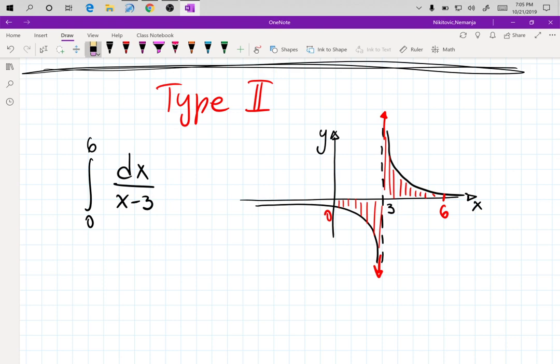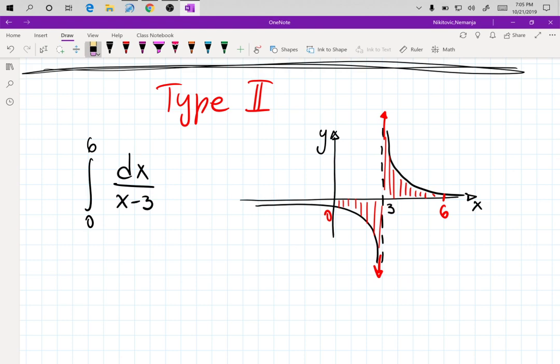What kind of integrals are these? Log. So limit as b goes to 3 minus of ln of absolute value of x minus 3, plus, separate problem, limit as a goes to 3 plus of ln of absolute value of x minus 3.